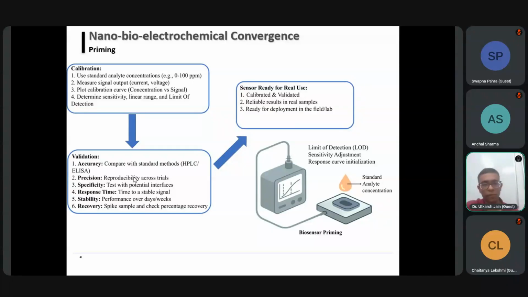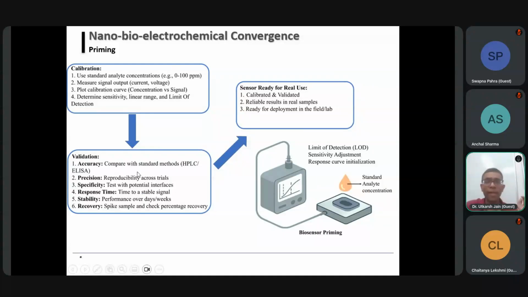That means if some analytes are detected through HPLC, with HPLC as the gold standard method, I need to focus on whether my electrochemical response is actually correlating with the HPLC methods or not, right?